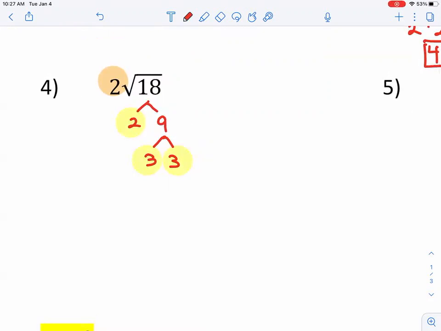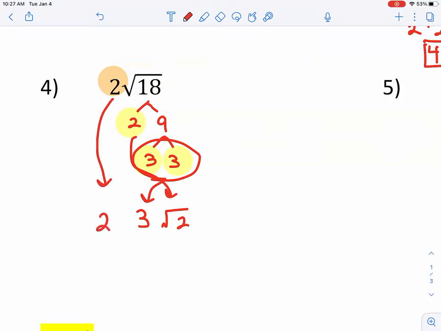So now I have a 3 that's going to go on the outside. I have this leftover 2, so that's going to be a square root of 2. But now don't forget to bring down that 2. After I do the factor tree, that 2 up front, I just multiply and bring that 2 down. So my final answer then is going to be 6 square root of 2.